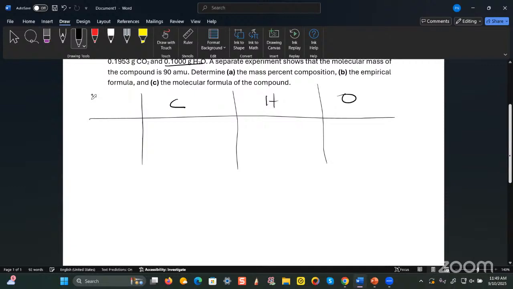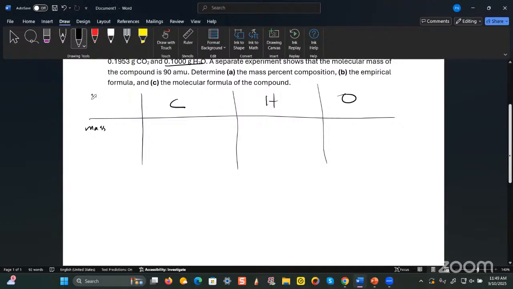And here I'm going to write down the masses, right? Now, in this particular case, you can write down the masses that we calculated in the A part for the carbon, hydrogen, oxygen, or we can use the percent values that we calculated, right? It doesn't matter which one we use, the result will still be the same. So what I'm going to do is use the percentages.